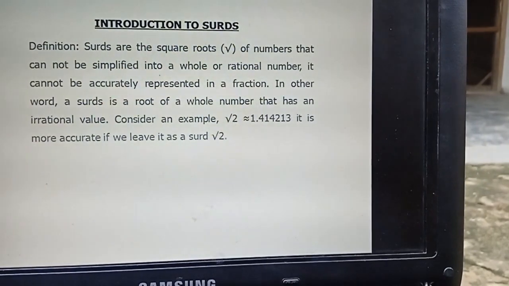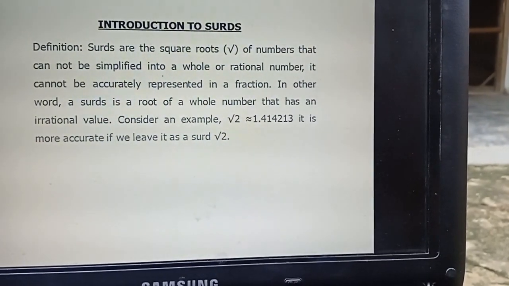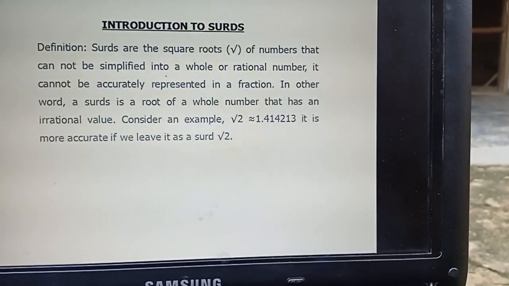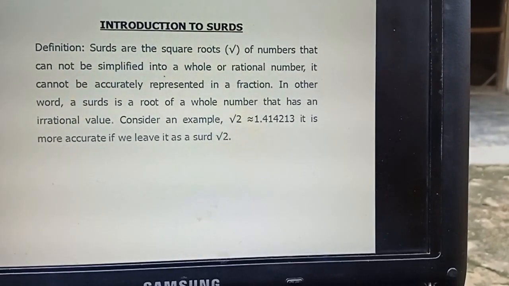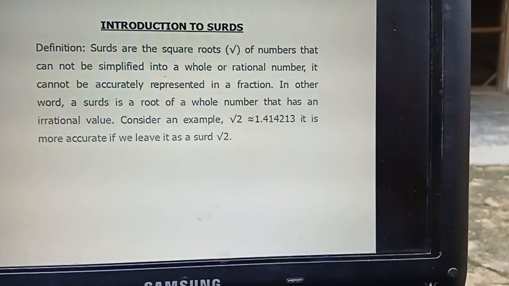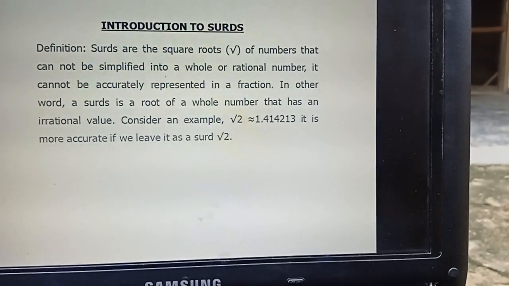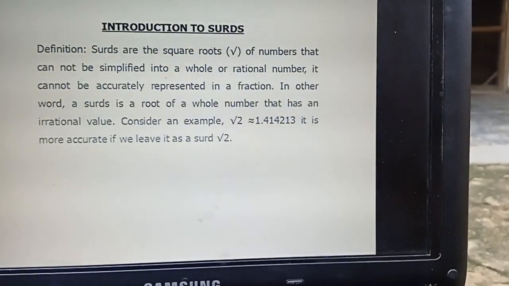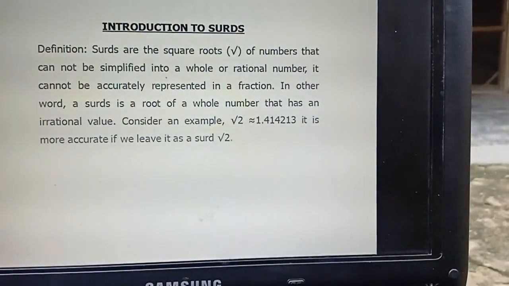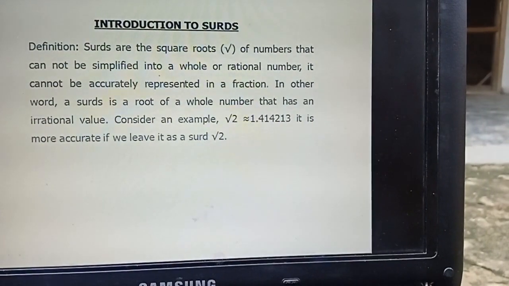When you have a number like root of 3, for instance, or 1.33 or 1 point something like that, we are going to use this surd, the square root, represented by this symbol.